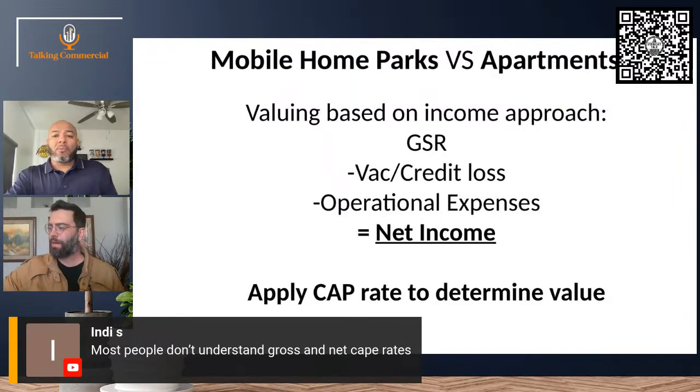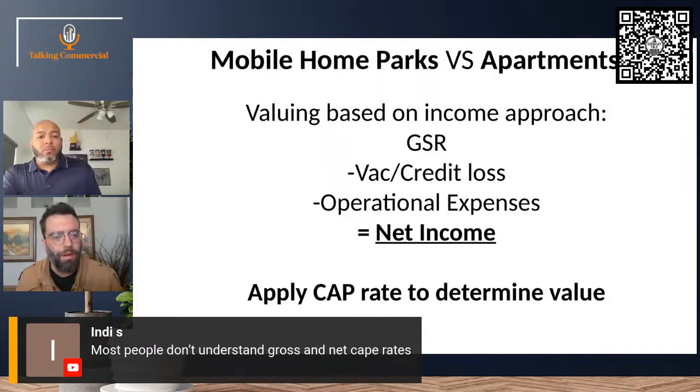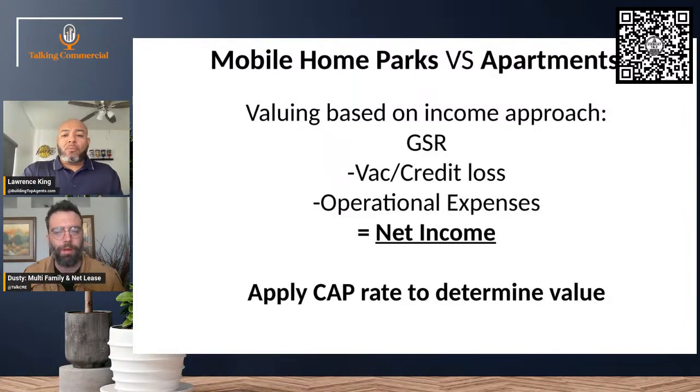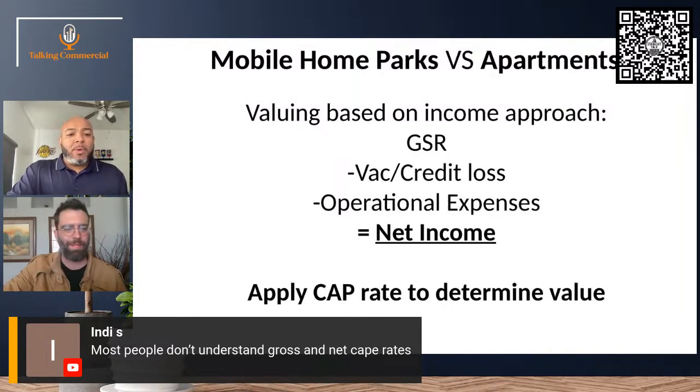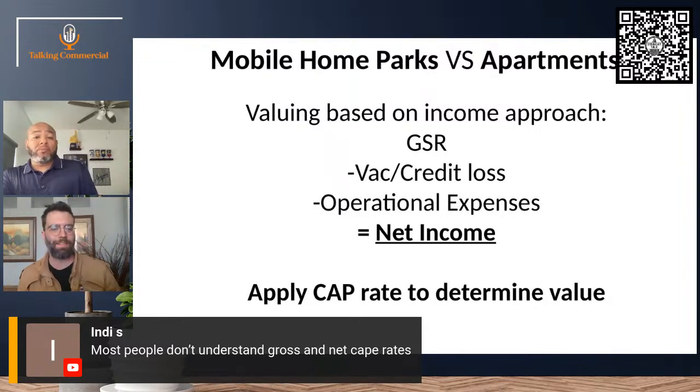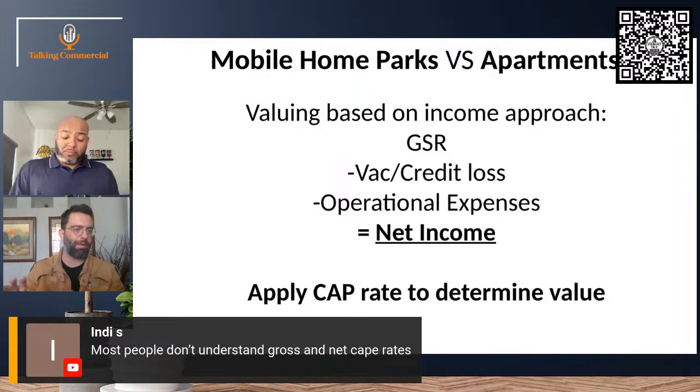Most people don't understand gross and net cap rates. You're going to apply a cap rate, or a capitalization rate, to the return that you're getting based on the net income, not on the gross income.